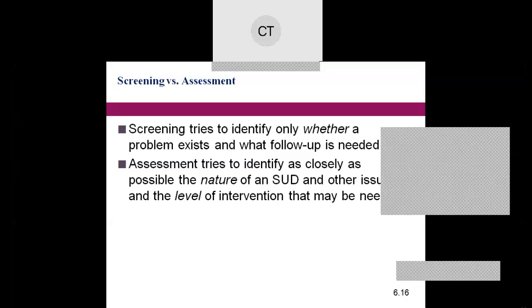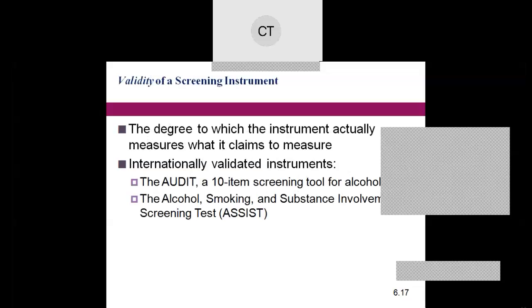Assessment tries to understand the possible nature of the problem, the level of intervention needed, the intensity of the problem, how far it is affected, what should be done, and how we should plan the treatment. All those ideas can be derived from the assessment, whereas screening only gives us a direction or tells us whether the problem exists or not. That's the difference between screening and assessment.